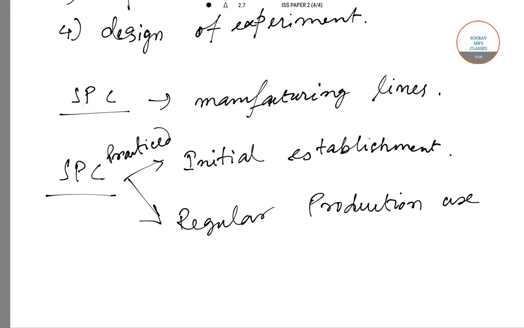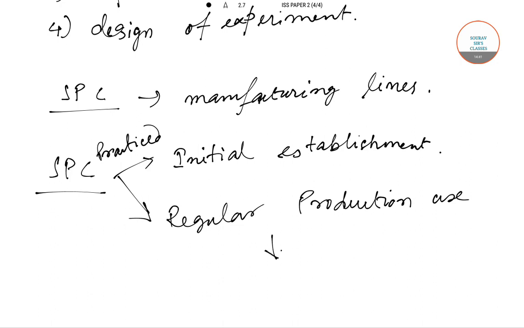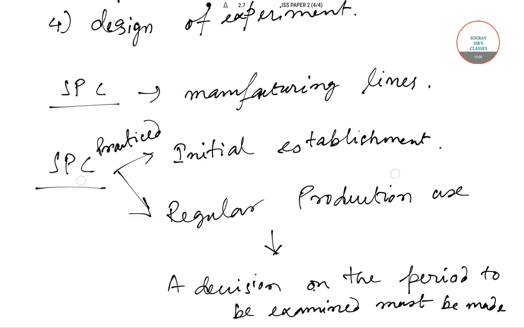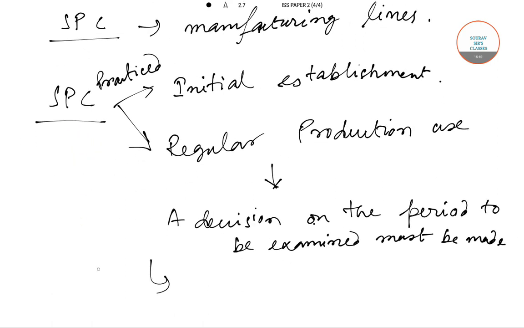Now in this second phase, the regular production use of the process, a decision on the period to be examined must be made. This decision depends on the 5M and E condition.